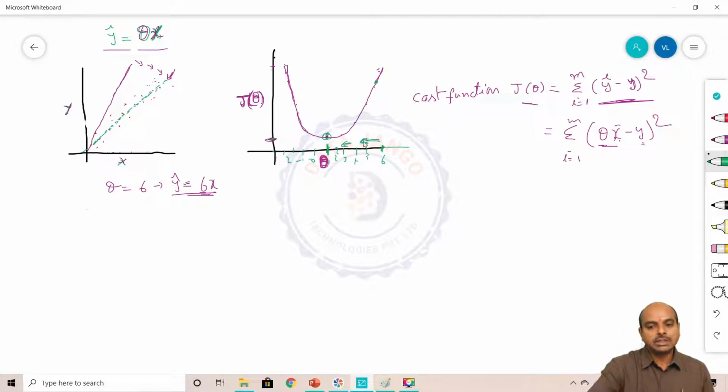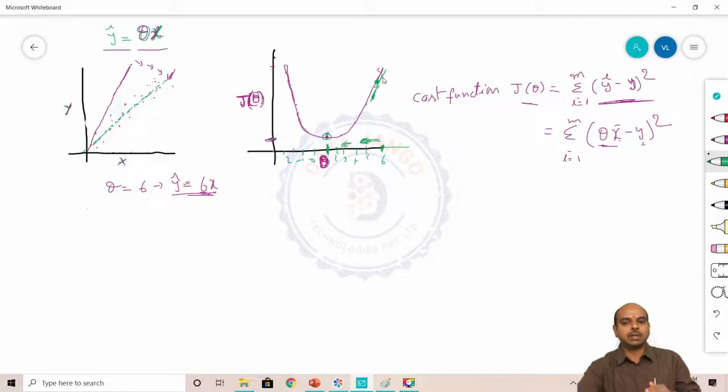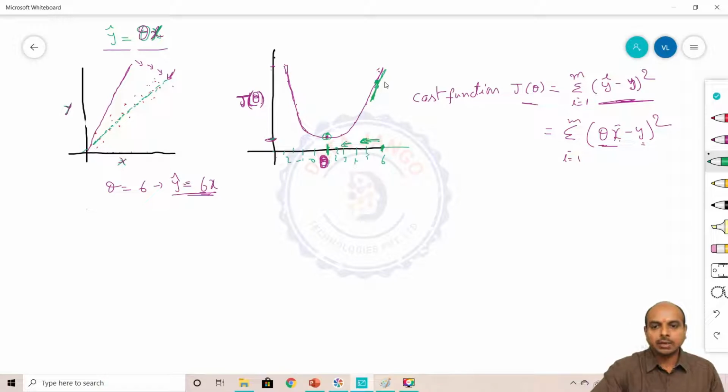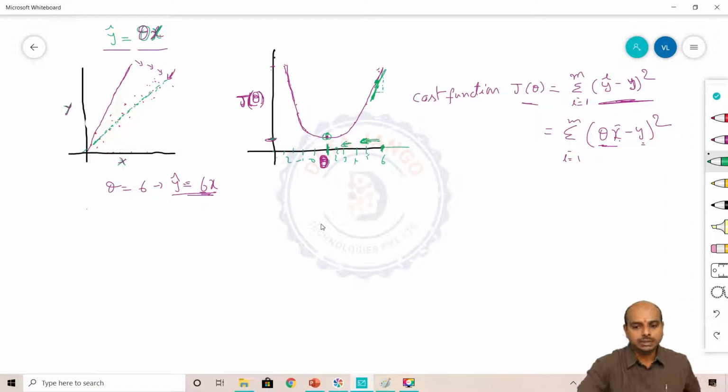To find out this direction, what we will do is at this 6 on the cost function, we will take a tangent line. What is a tangent line? It just touches the curve. It will not actually cut it. A line which is touching the curve is called a tangent line, and we will take the slope of this tangent line as a helper.